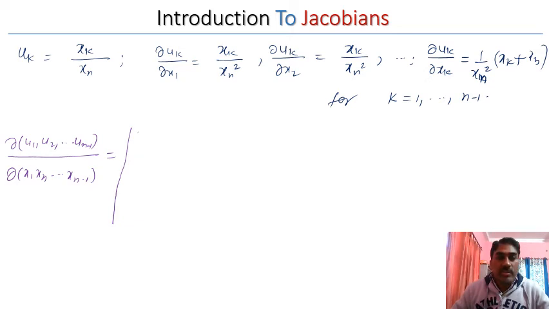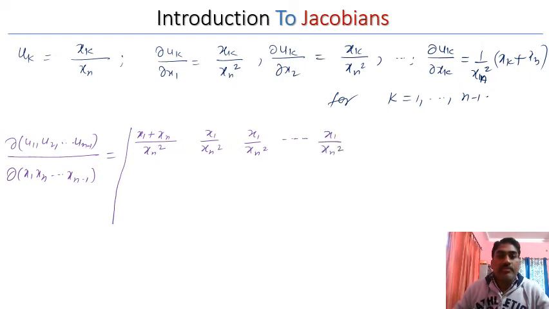First row will be (x1 plus xn) by xn square, then x1 by xn square, then again x1 by xn square, and finally x1 by xn square.